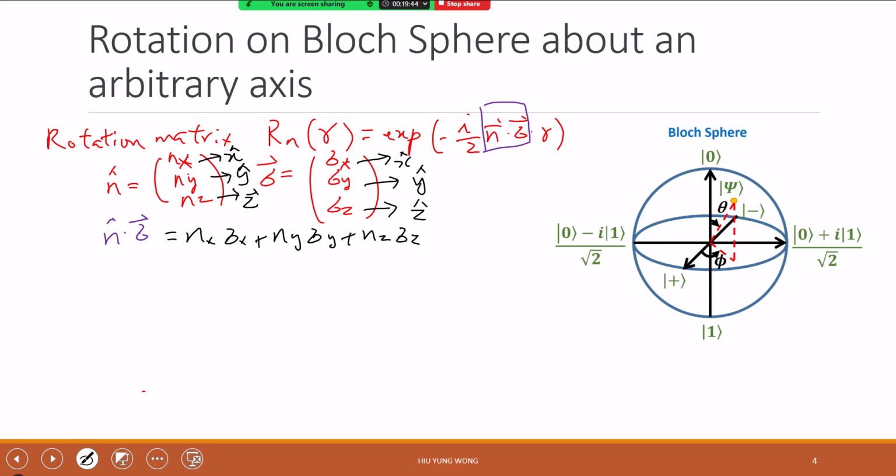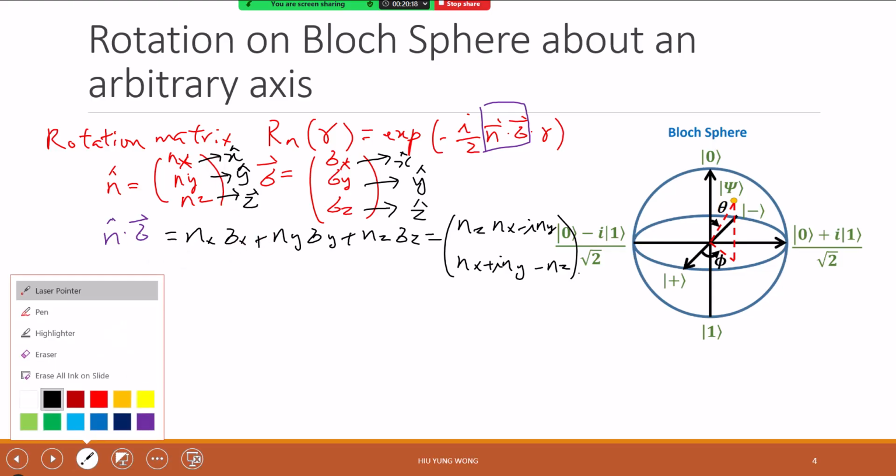And it is just a matrix which is given by nz, nx minus i ny, nx plus i ny, and then negative nz. Remember? And last time I had a typo, I put plus and plus 1 and negative 1, and one of you pointed out my mistake, right? Because this part is because sigma z is 1, negative 1, times z. Okay, so this is what we have, right?